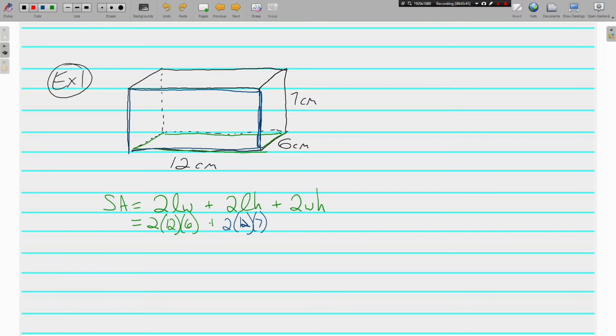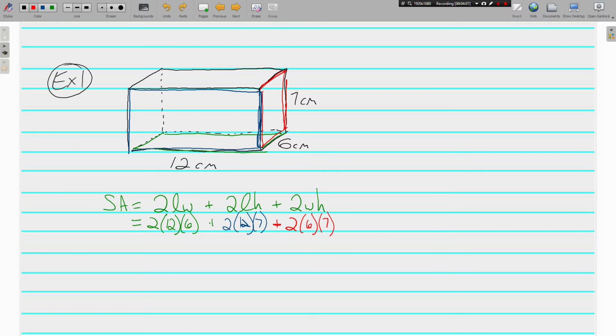And then for my last group, I've got the left and right side. I've got 2 by 6 by 7. This formula will help us find the area of all 6 sides.